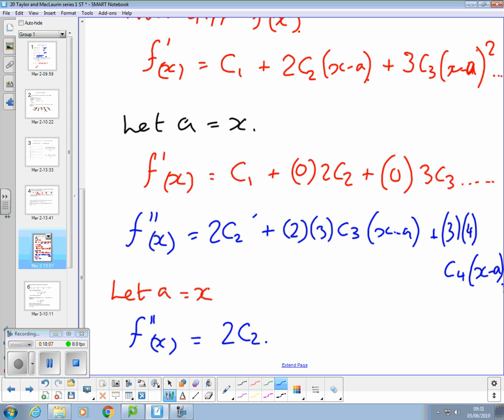So we end up with the second differential of a equaling 2C2. Therefore, C2 is equal to f double dash of a over 2.